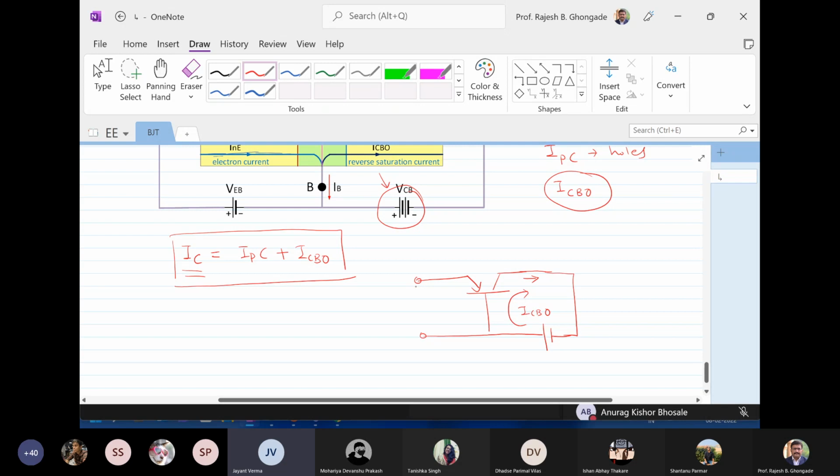Yes, sir. So why is this O there? It is the reverse saturation current flowing through the collector base junction when the emitter is open circuited, and there is no voltage applied to the emitter at all. Okay? Sir, but we are forward biasing the emitter region. Well, after forward biasing, your collector current will be composed of this component also. But if I don't forward bias the base emitter junction, then this component will become zero. Yes, sir.